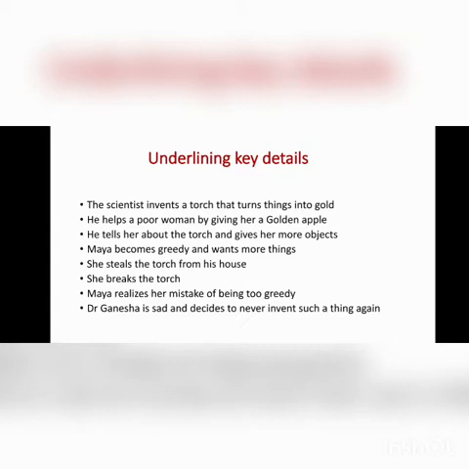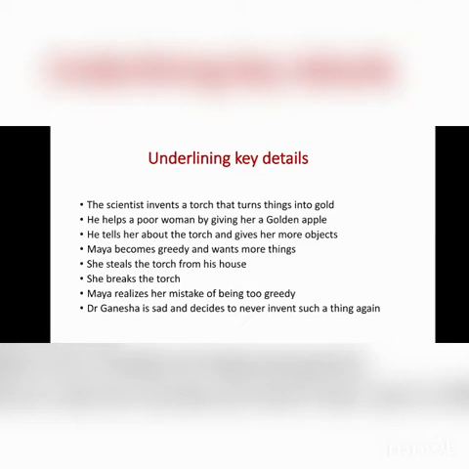So, in The Torch, our key details are that we have Dr. Ganesha, a scientist who invents a torch that turns things into gold. He helps a poor woman by giving her a golden apple. He tells her about the torch and he gives her more objects.